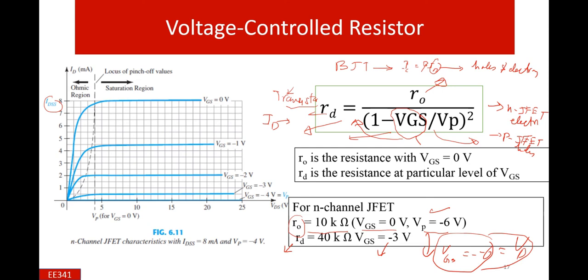This is the control situation, and with this we can develop amplifiers and other controlled situations. We can dynamically control these situations, and directly or indirectly we can make a controller using these types of JFETs. And we are talking about the N-channel JFETs.